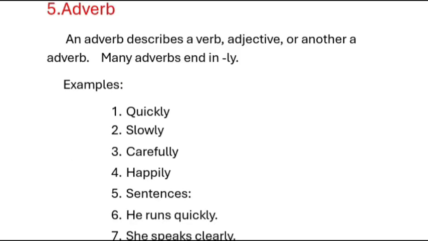Next is adverb. An adverb describes a verb, adjective, or another adverb. Many adverbs end in ly. An adverb is a word that modifies or describes a verb, an adjective, or another adverb. Adverbs give us more information about how, when, where, or to what extent something happens.